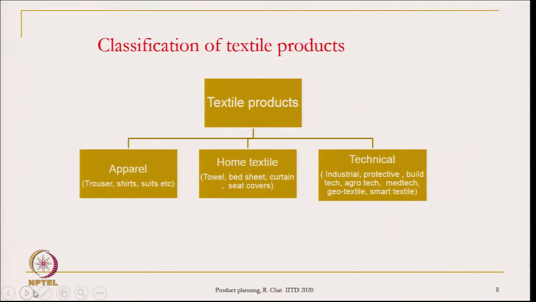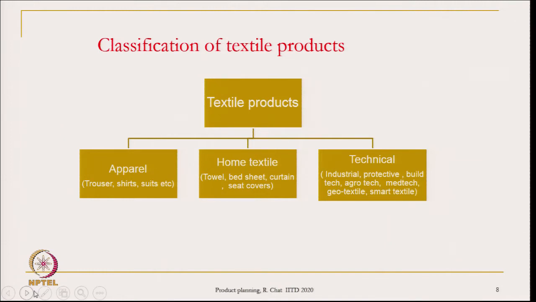Nowadays technical textile products are becoming very important, and therefore here we have industrial products, protective textiles, buildtech, agrotech, medical textile products, geotextile products, smart textiles, and many more are coming.